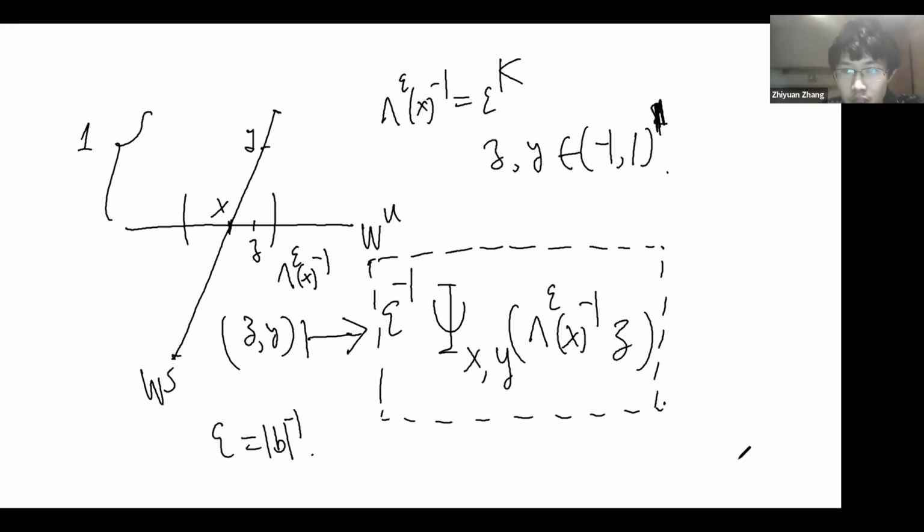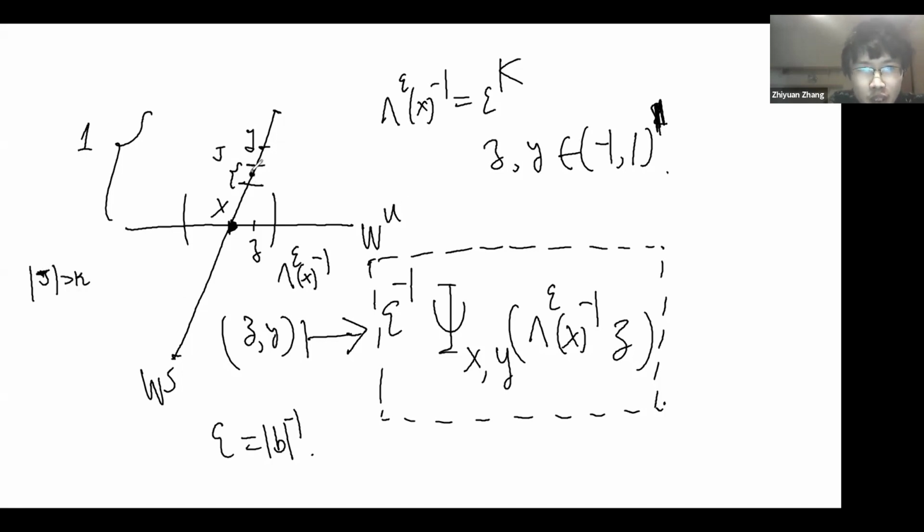We will want to see the following happen. For each x, there exists an interval J0 in -1 to 1, and the size of the interval is bounded from below.